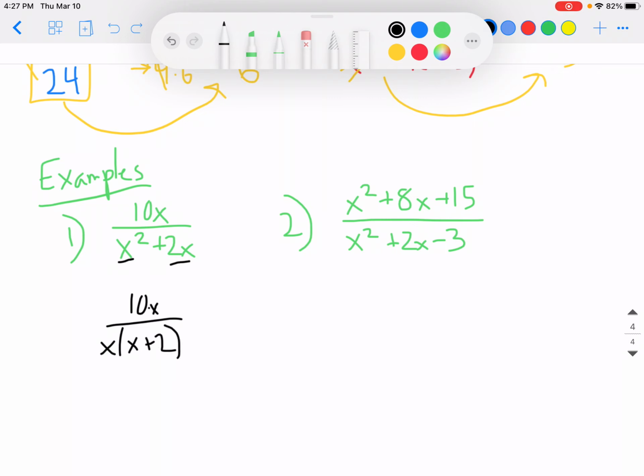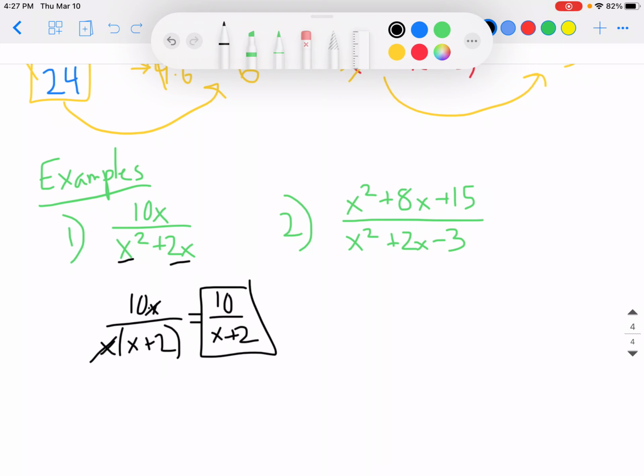Now I'm seeing that there's a common factor of x in the numerator and denominator, so I can cancel that out, and my final answer is going to be 10 over the quantity x plus 2. That's it. Simplifying rational expressions is just identifying common factors and canceling out anything that is redundant in the numerator and denominator.